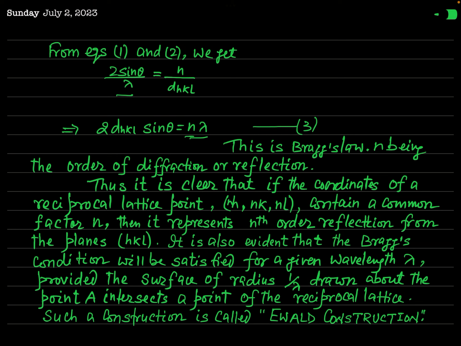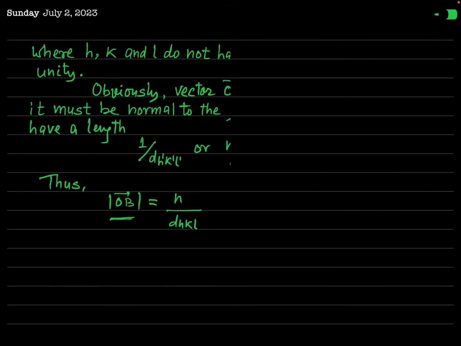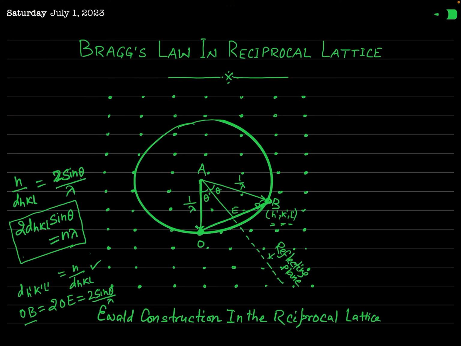In fact, as you can see, the coordinates of the reciprocal lattice point in this figure contain a common factor n. You have seen here the coordinates of this point B, which is actually h dashed, k dashed, l dashed. I have written it as nh, nk, and nl.